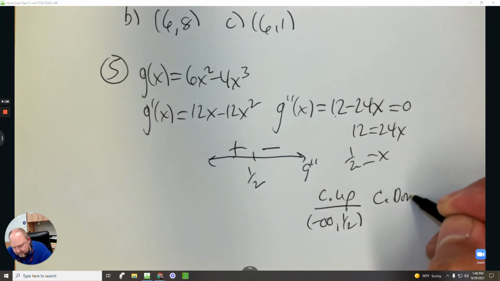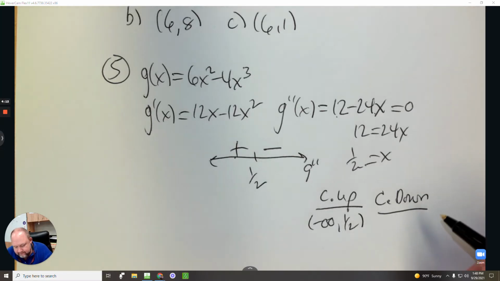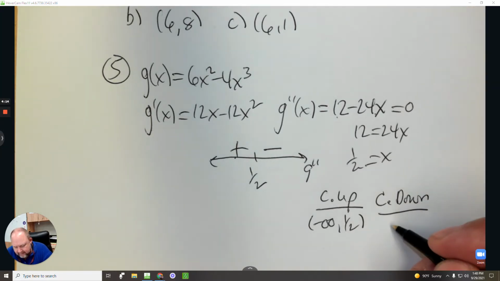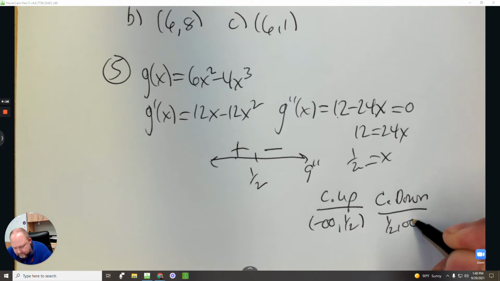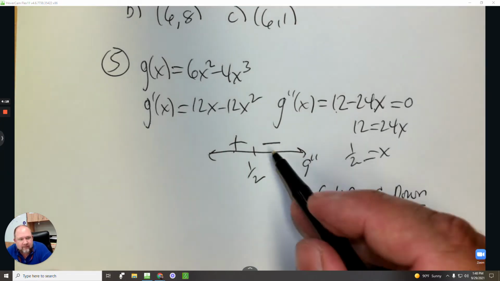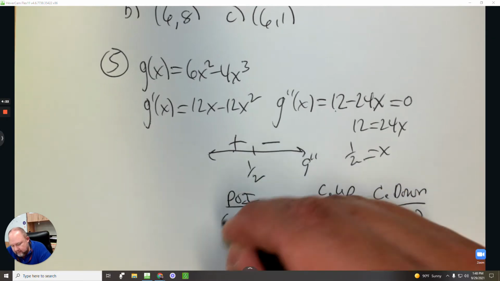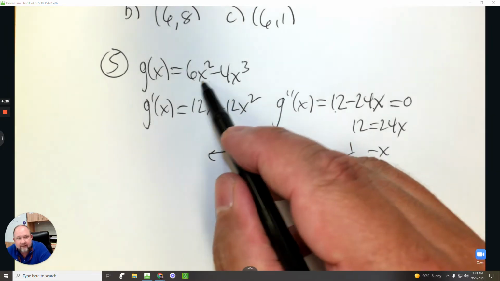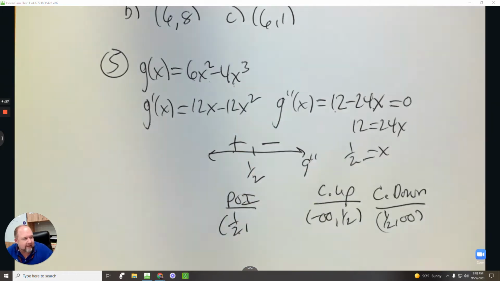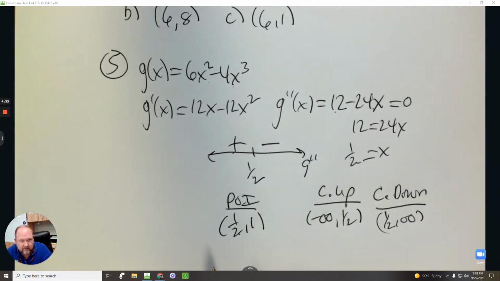It's concave down from 1/2 to infinity. And then we have a point of inflection at 1/2. And then you would plug that 1/2 into the function and then calculate it. I'll do it for you. And that actually gives you the answer 1 when you plug in 1/2 into there.